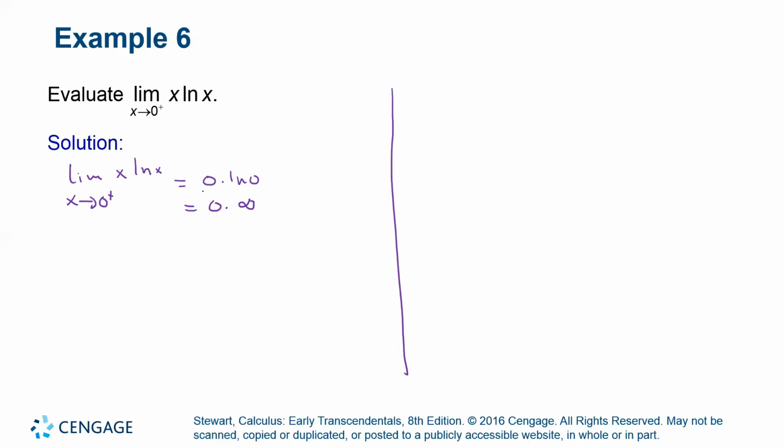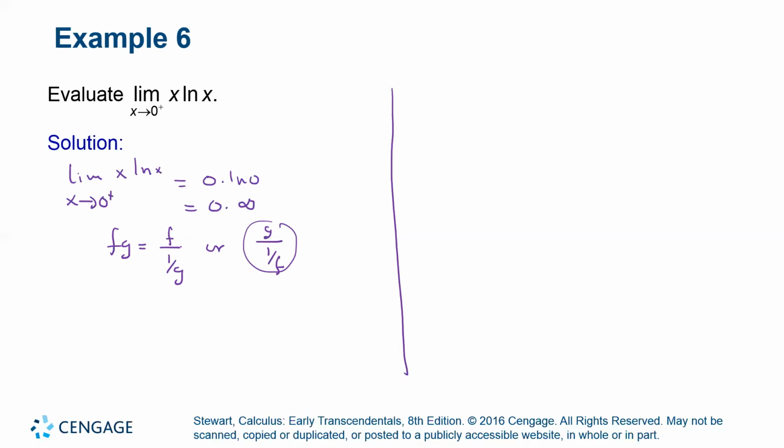Now, when you have this kind of function, this is like f times g. Is it going to be f divided by 1 over g, or will we use g over 1 over f?